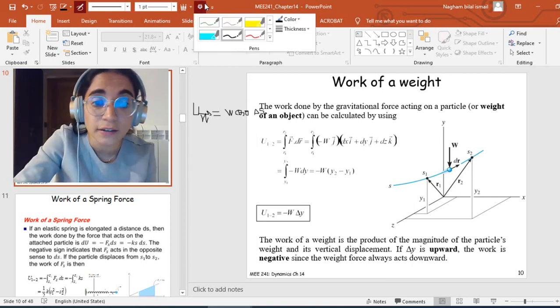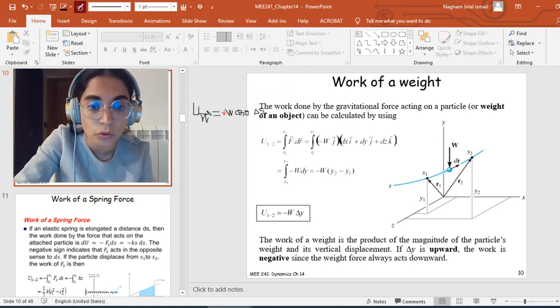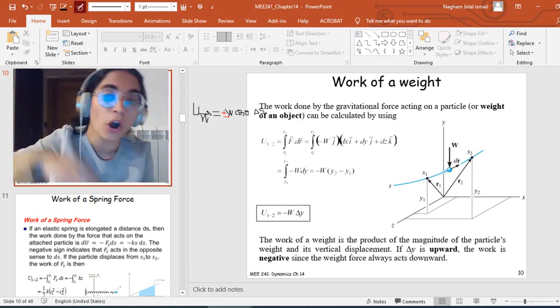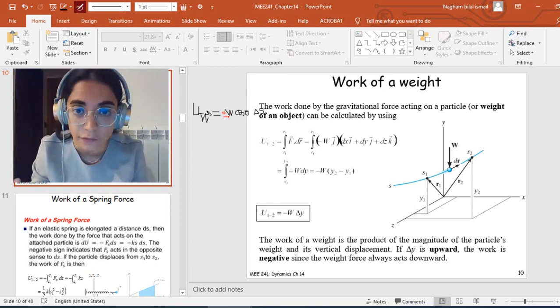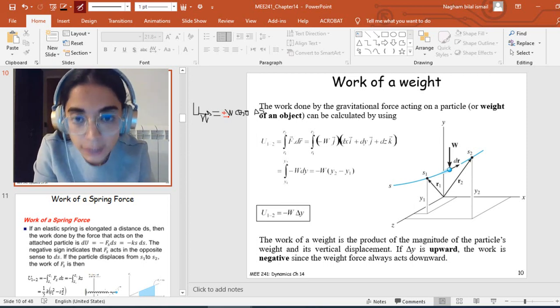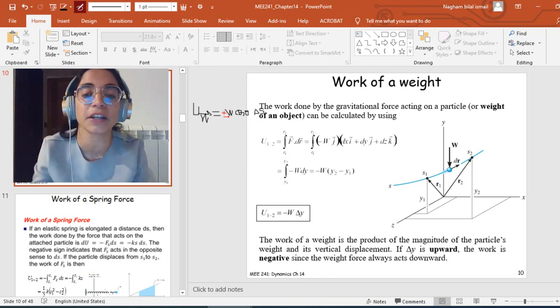But I should, guys, find out what is the sign. Is it a plus or minus? What does this mean? If the work of the force is positive, then this means that the displacement projection on this force, on the weight, is in the same direction of this weight.